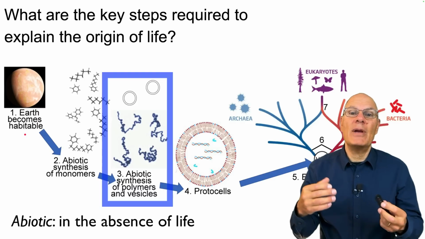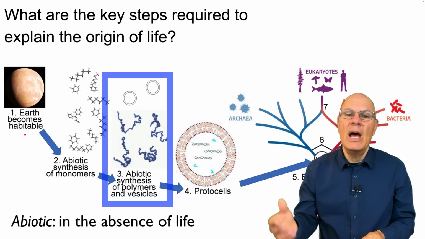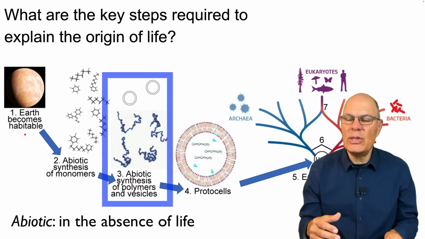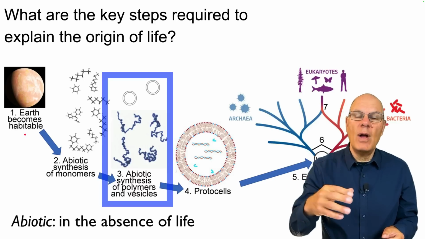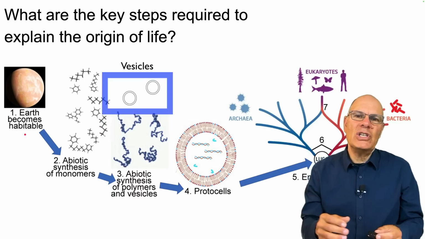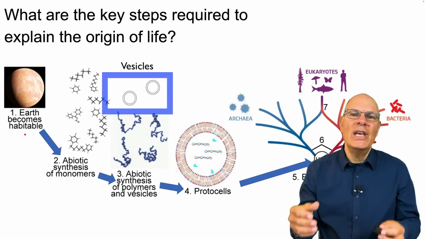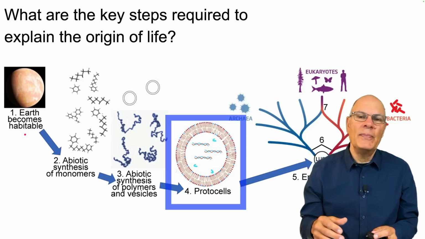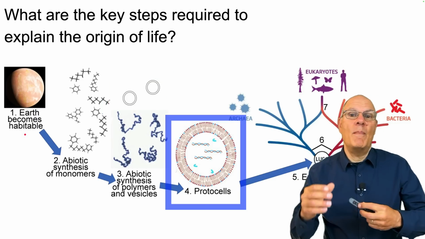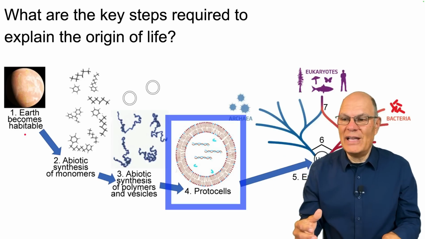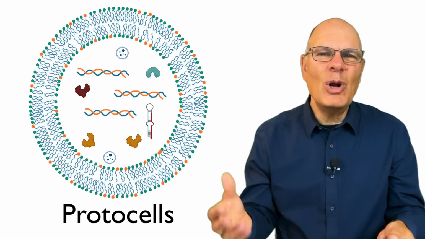There needs to be some kind of abiotic process by which that could happen, where we have the abiotic synthesis of polymers from monomers and the formation of vesicles. Those are going to become the little capsules into which cells will emerge. In step 4, we need to combine those monomers and polymers into those little vesicles to create protocells.